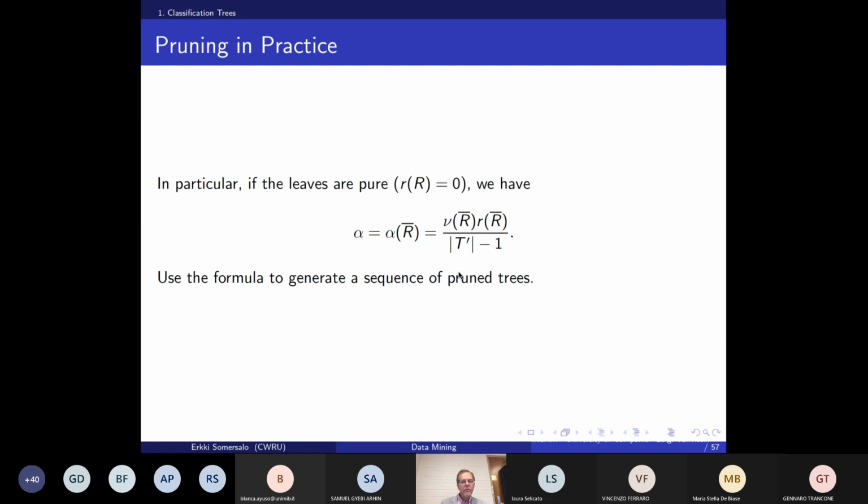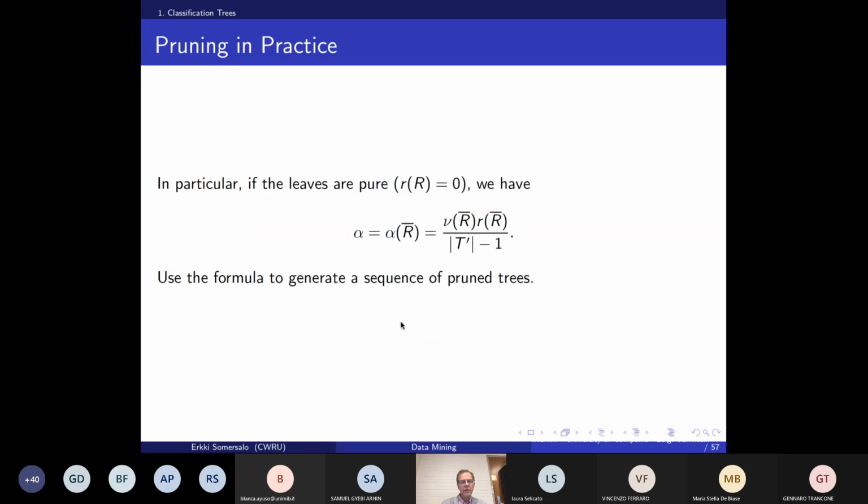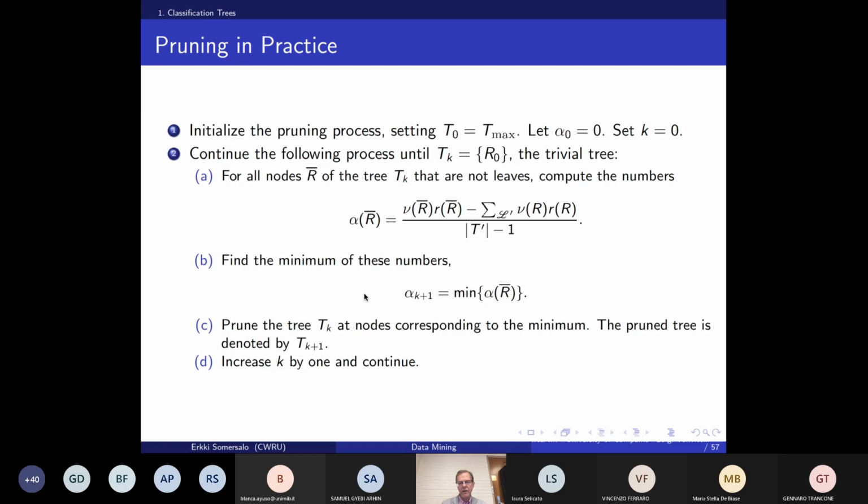And we use this formula, this alpha here, to generate a sequence of pruned trees. And so here is the idea. We start with the maximal tree, and I call it T0. So I grow a tree until I have the maximal tree, and I set my alpha 0 to be equal to 0.